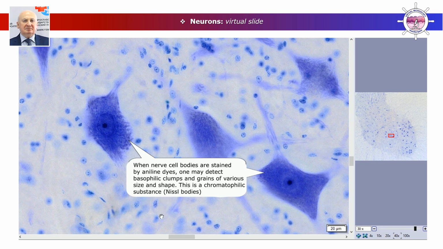When nerve cell bodies are stained by aniline dyes, one may detect basophilic clumps and grains of various size and shape. These structures are denoted as chromatophilic substance or Nissl bodies.